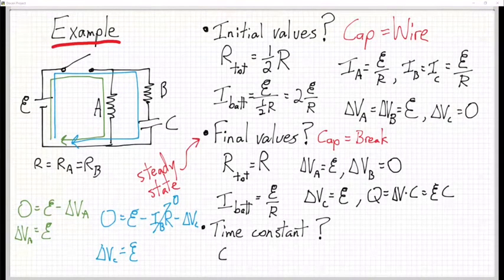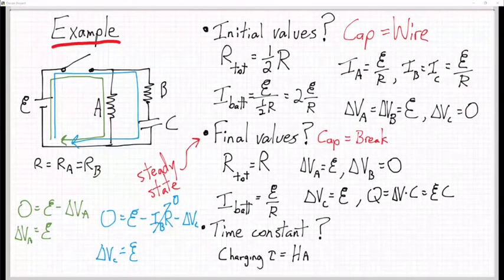The reason it's so hard, charging tau equals hard. The reason that the charging time constant is so hard is that the effective resistance of the circuit is changing. I already covered that, right? The initial resistance is half R, but then the final resistance after a long amount of time has passed is different.